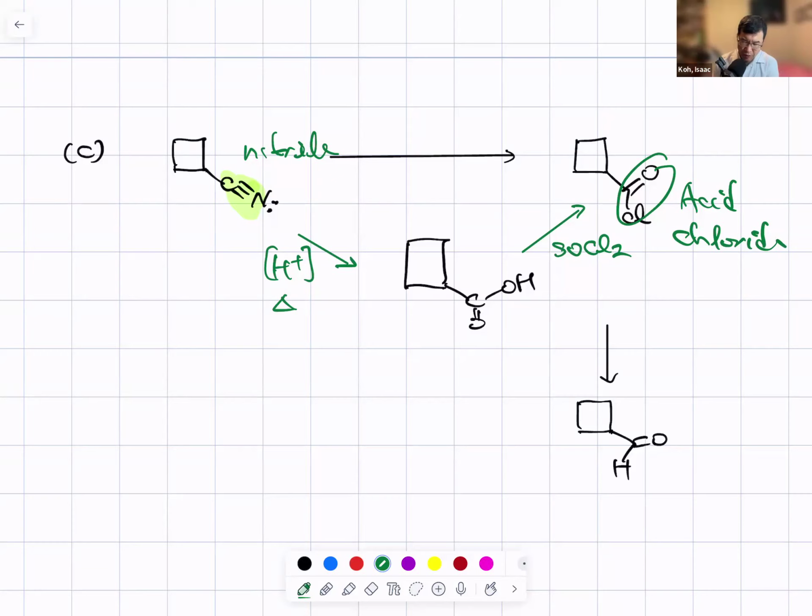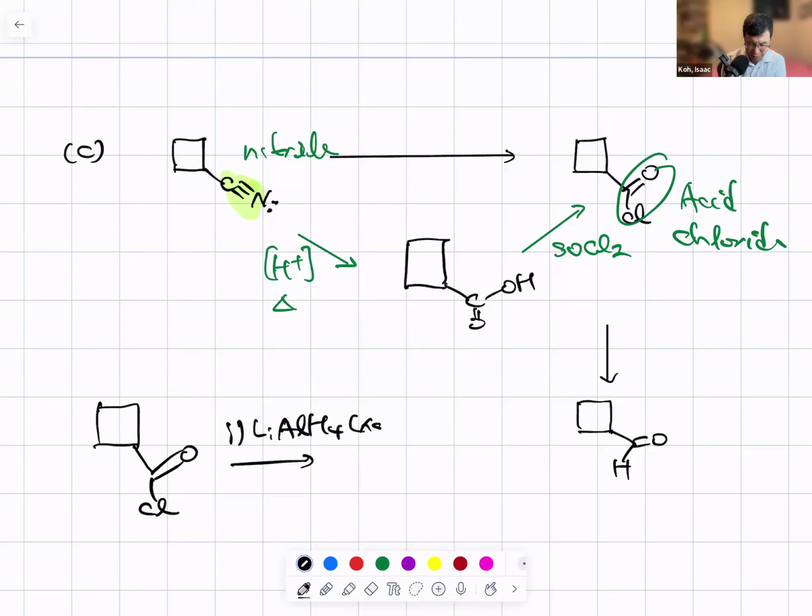So when you use lithium aluminum hydride in excess amount and acidic workup, it is making it all the way to a primary alcohol.